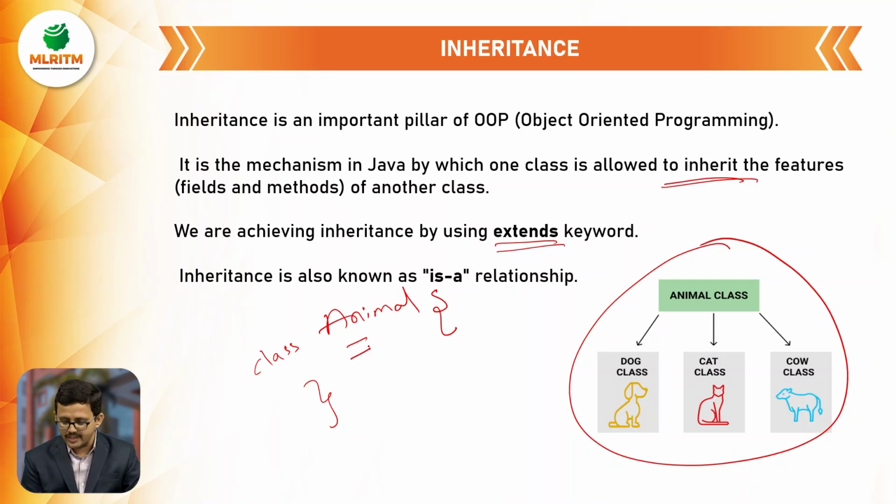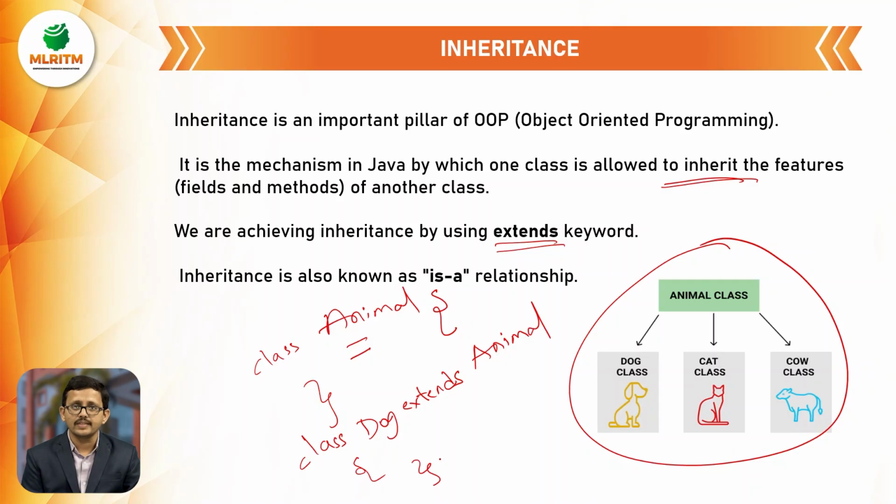Then if we want another class, let us say the dog class, we are going to do something like this: class Dog extends Animal. And by using this, all the properties that we define under the animal class are automatically inherited by the dog class.